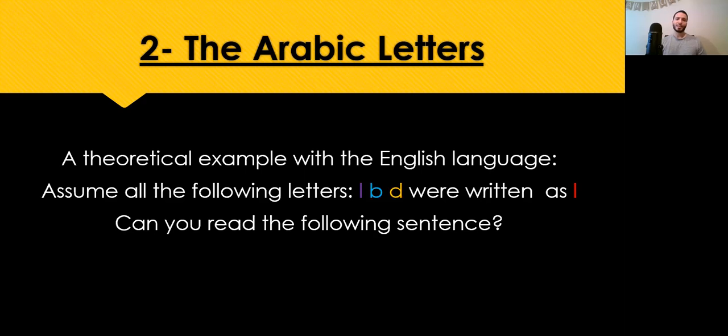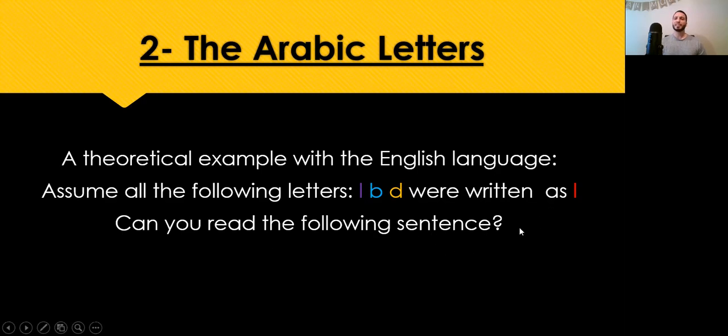A theoretical example with the English language: assume that the following letters, L, B, and D, were all written as the straight line, as L. So L, B, and D. Like in the Arabic language, where we said there are no dots, assume that there's no circle here, so these letters are all shown as this.